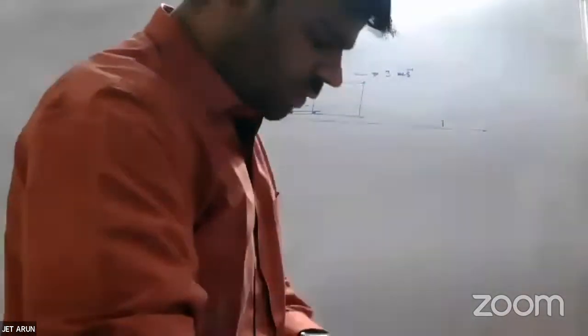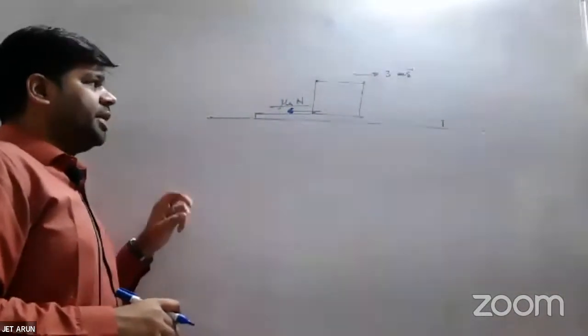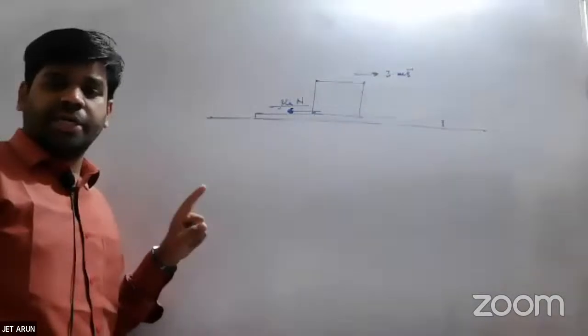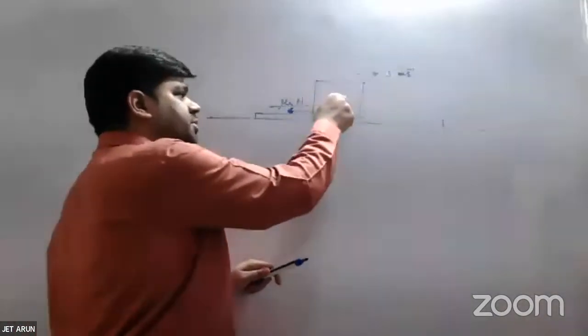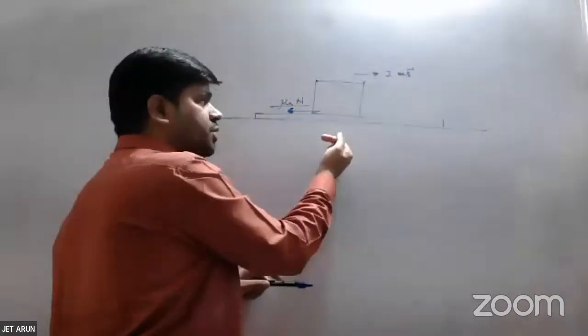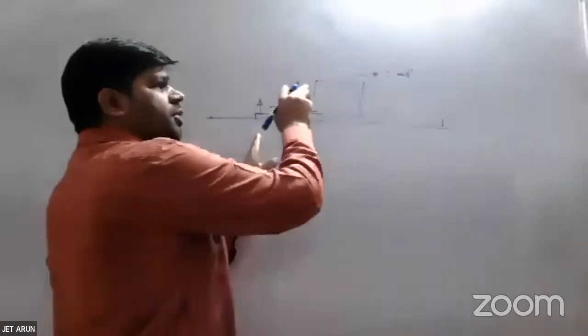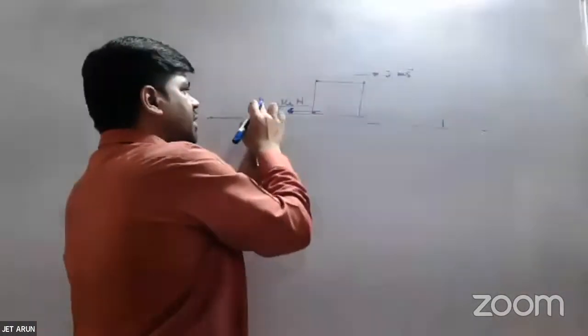If the particle is found to be moving, then kinetic friction is opposite to the direction of relative motion. Motion of this block with respect to the plank is towards right, friction is towards left. If I stand on this plank, I see the particle going towards right, so the friction is towards left.